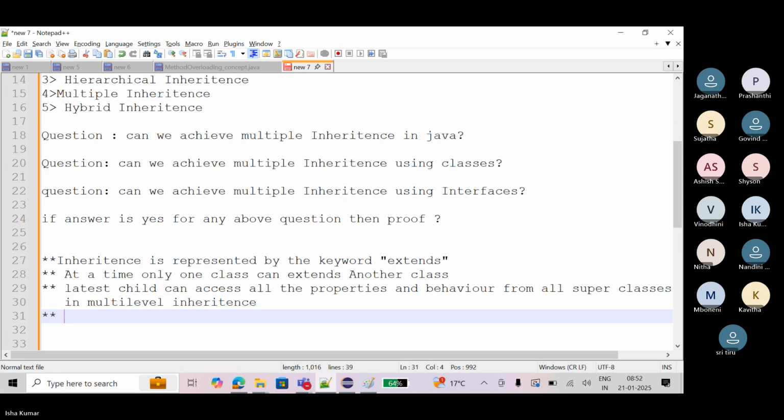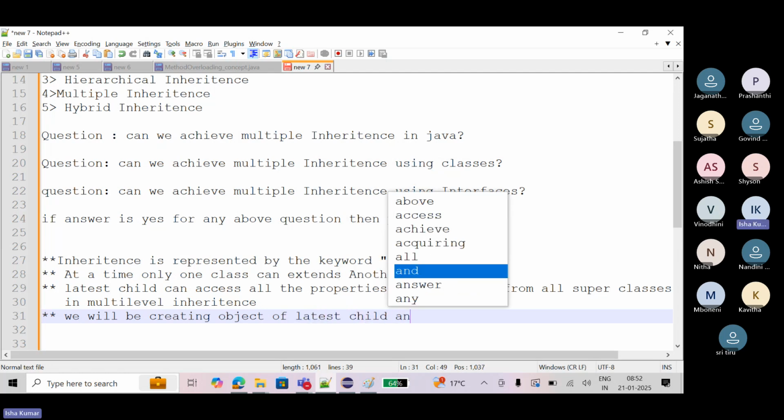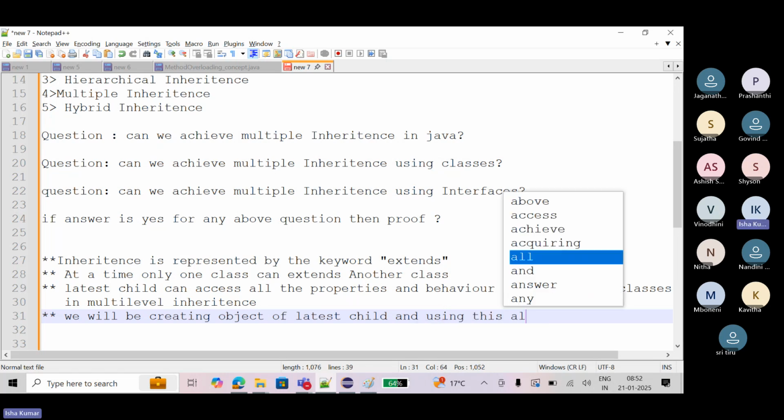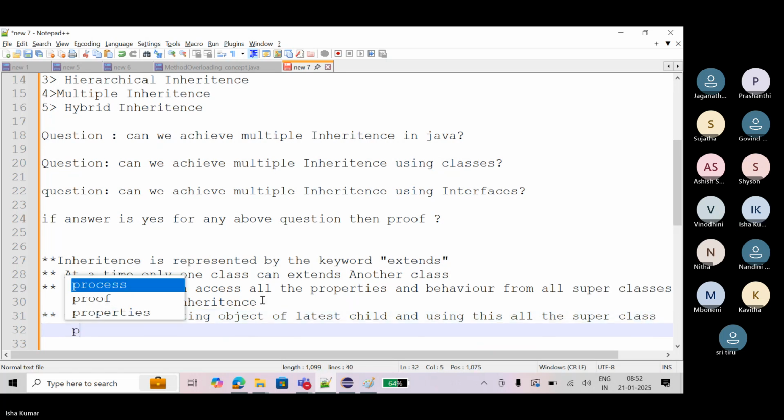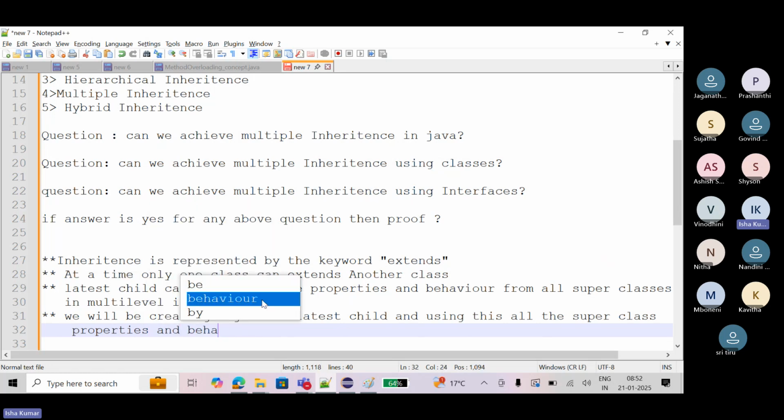So here we will be creating an object of the latest child, and using this, all the superclass properties and behavior can be accessed.